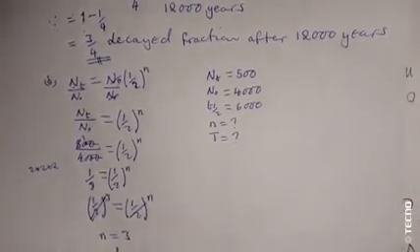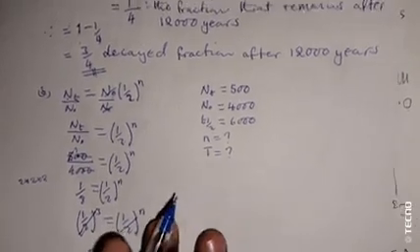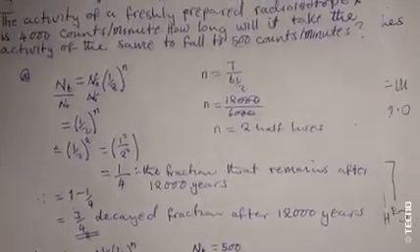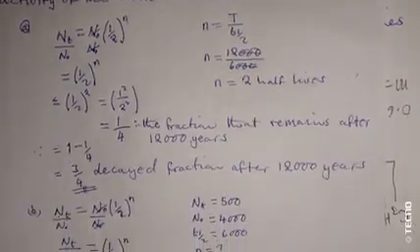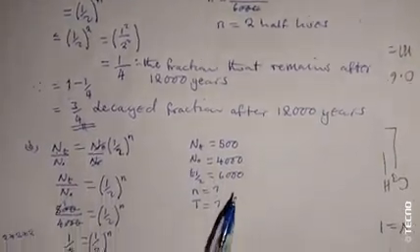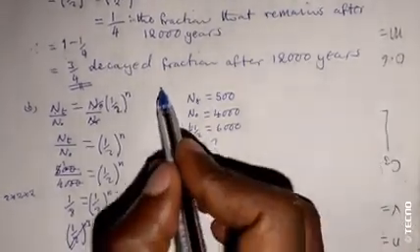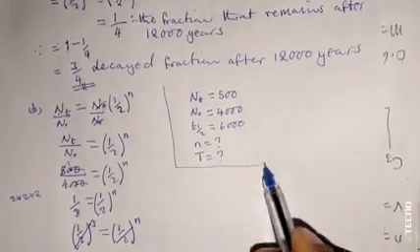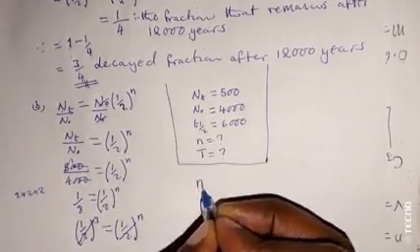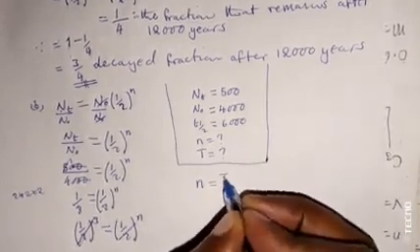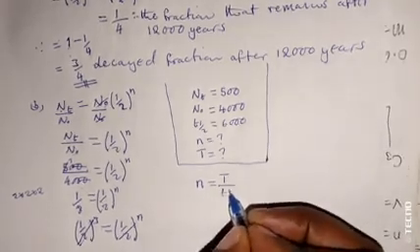Okay, so having this, 3 is not our final answer. What we are calculating here is how long it will take, so we are calculating time. To calculate time, we are going to use the half-life formula, where n is equal to total time, the one that we are calculating, over half-life.